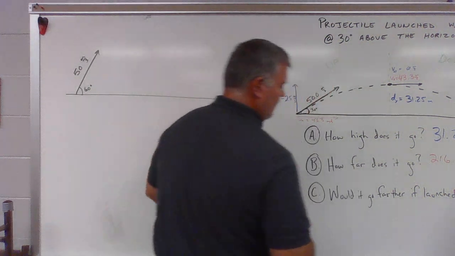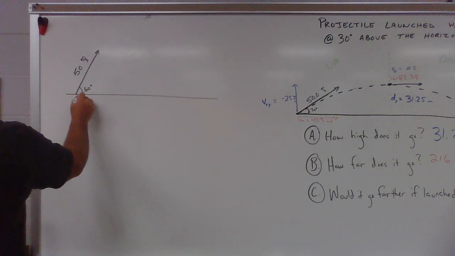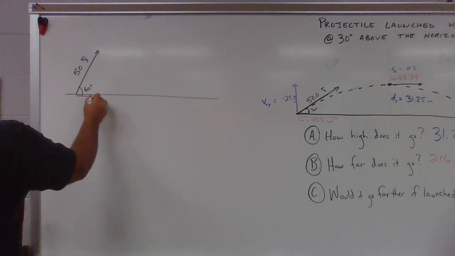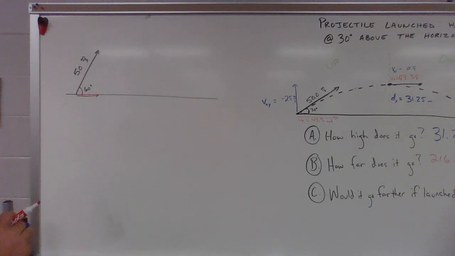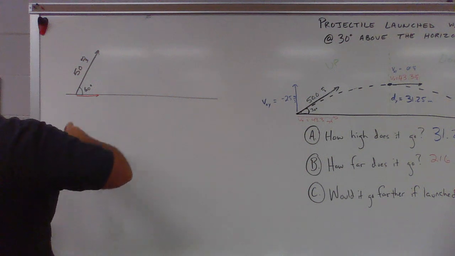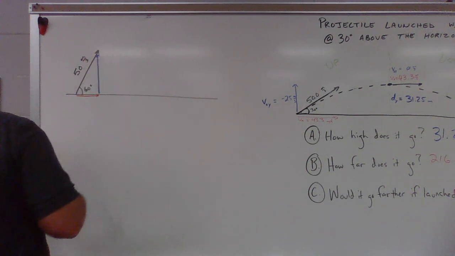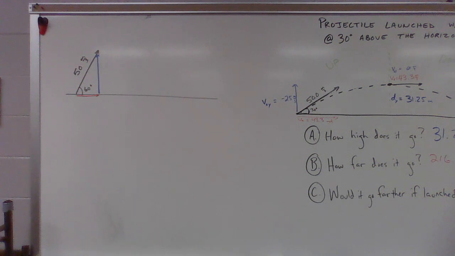So if we do our components again, we've got the horizontal component, we've got the vertical component. Make a nice little triangle out of them.